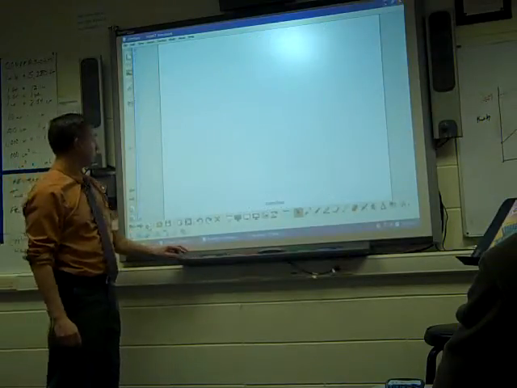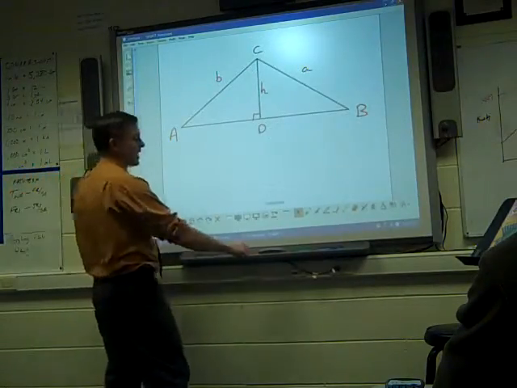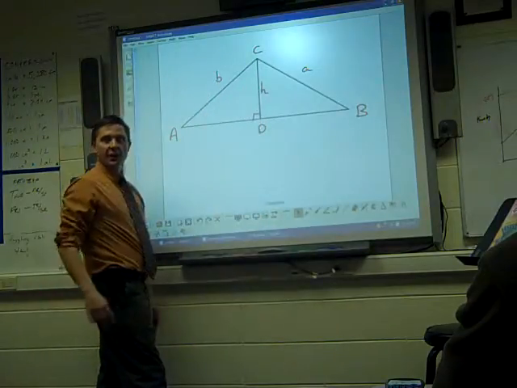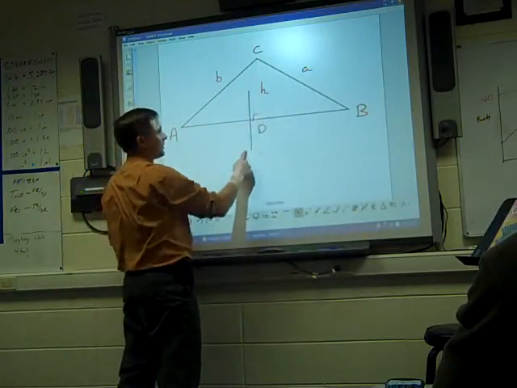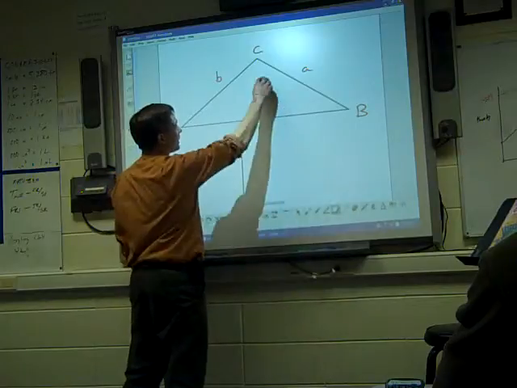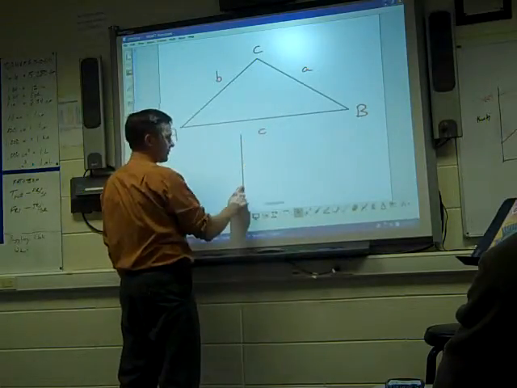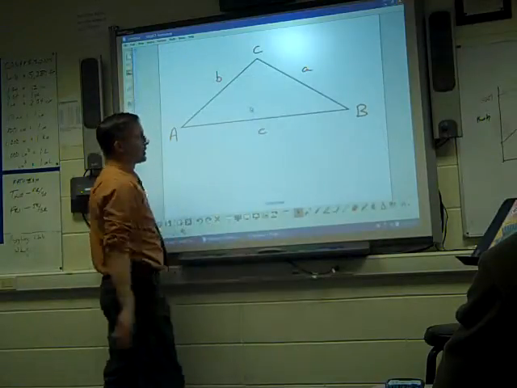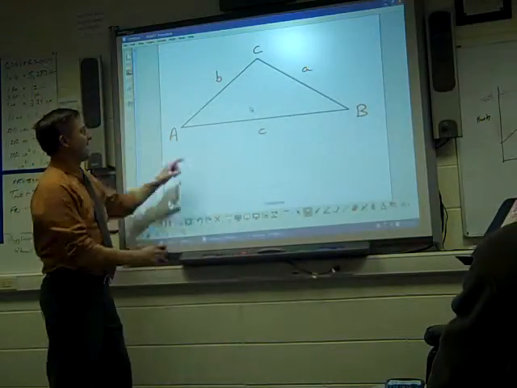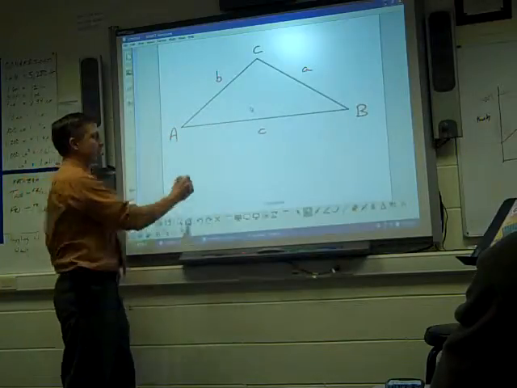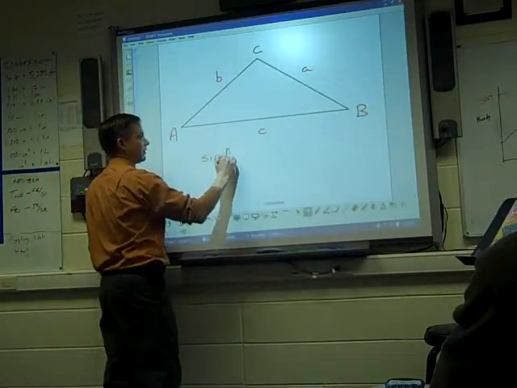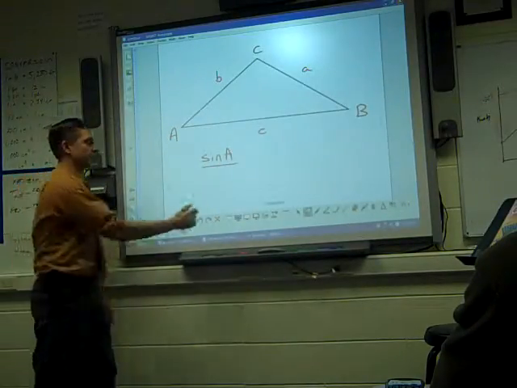So when I have a triangle like this, I don't even need to drop the height that we've been dropping. I can remove the height, and I can say I have little c here, and I can delete that line. And I can say I have the sine of a, right? Capital A. And what's that going to be over? Little a, the leg.